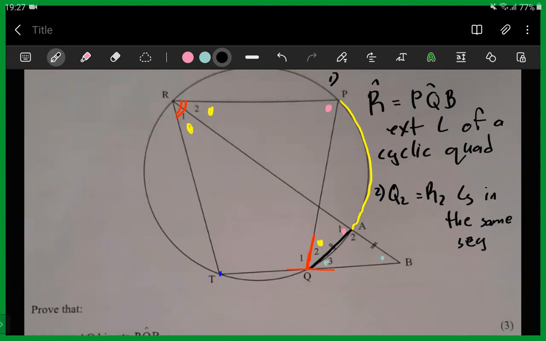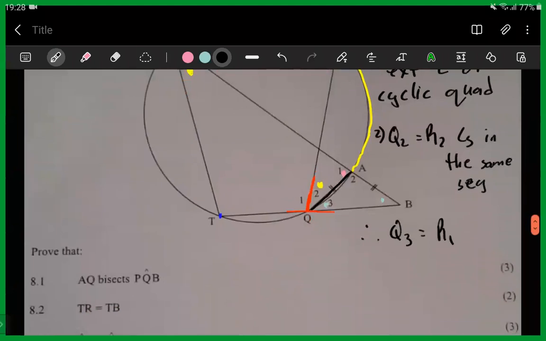Now that you've shown that Q2 is equal to R2, you can then say, therefore, Q3 is equal to R1. It's more of a conclusion, right?